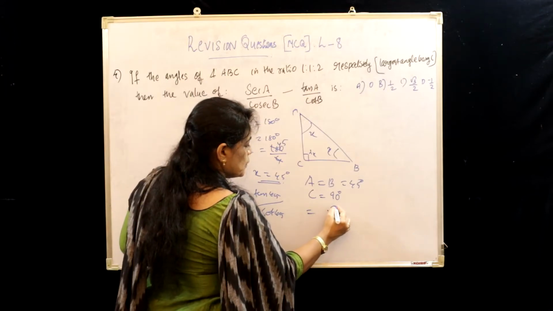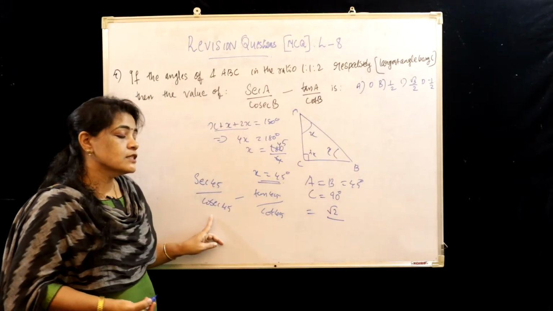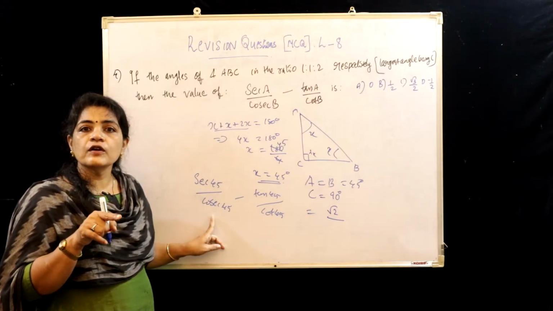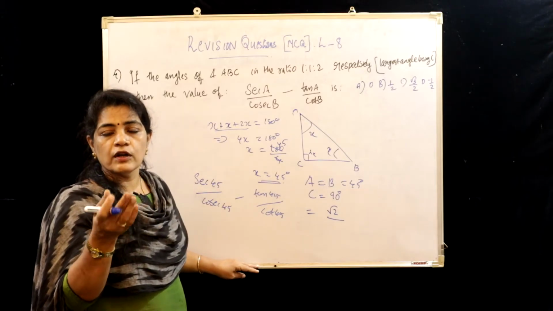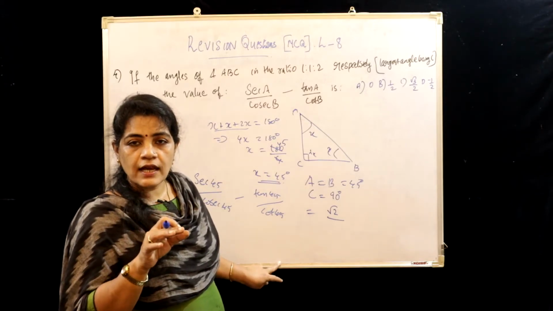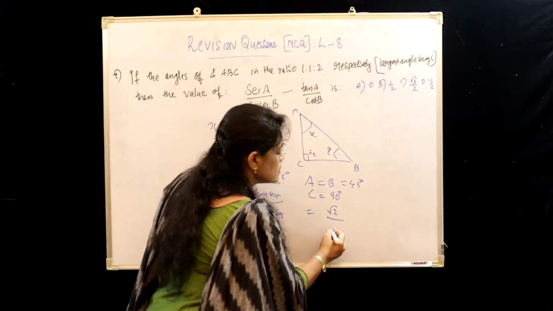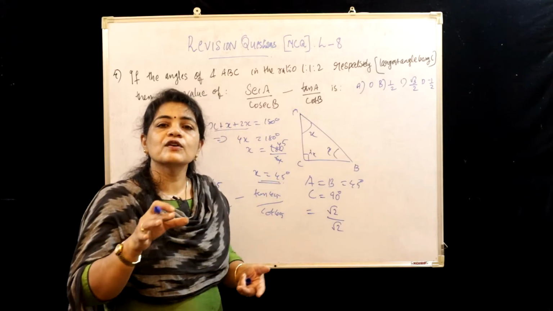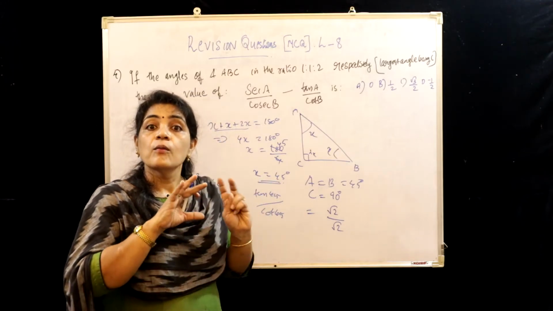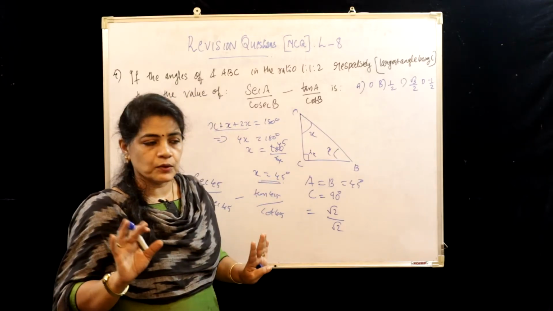Divided by, what is cosec 45? Cosec 45 is the reciprocal of sin 45, as already told. Sin 45 as well as cos 45 both are equal to 1 by root 2, so its reciprocal is also root 2. So cosec 45 and sec 45 both are equal to root 2. Understood?